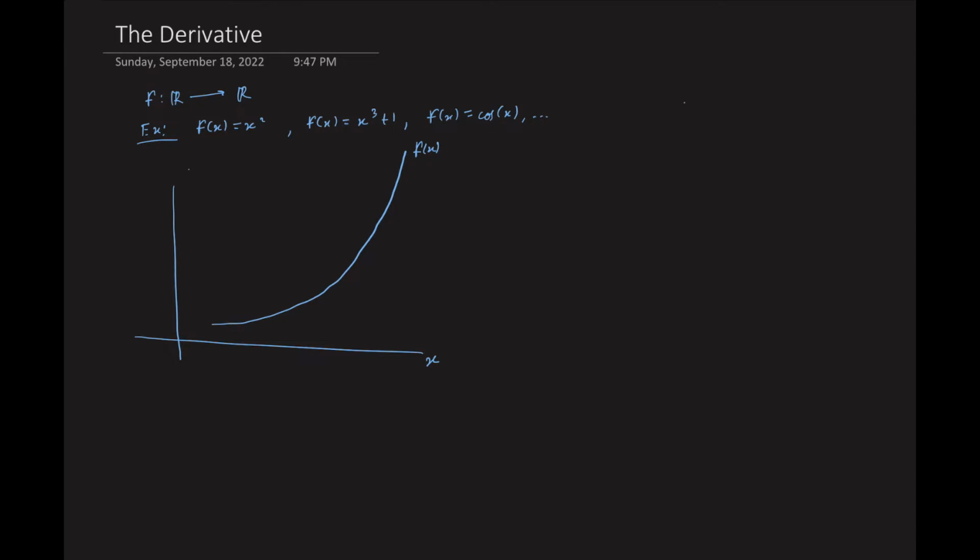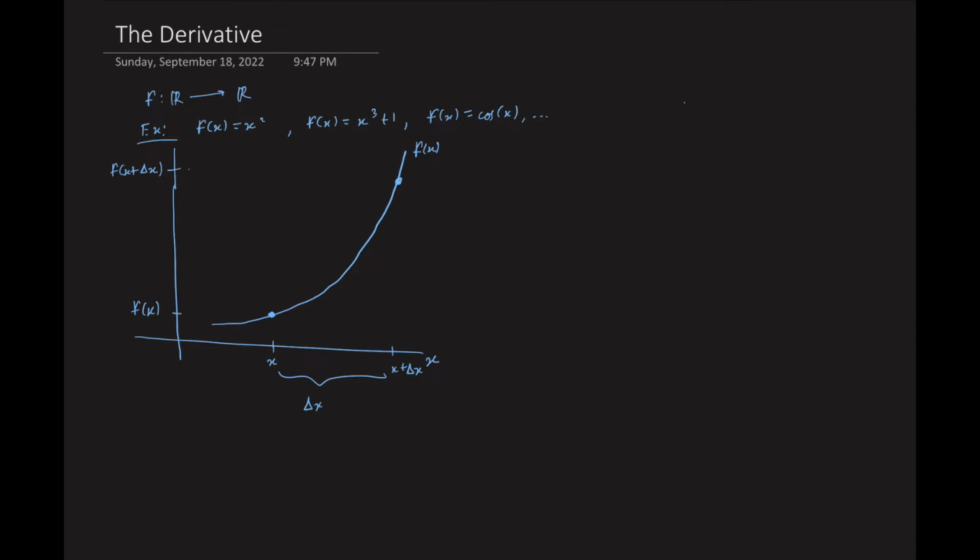And we're going to be concerned with some point here at x and at height f of x, and some point over here that's delta x away, so it's x plus delta x, and over here the height is f of x plus delta x.